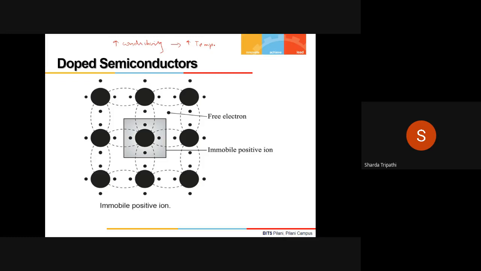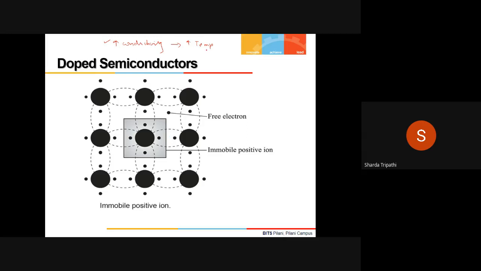But increasing the temperature is not always a good thing, because if I increase the temperature, the property of the material may change. Resistivity can change, conductivity can change, current density can change, many things can change. So increasing the conductivity of the semiconductor material by increasing the temperature is generally not a good idea.